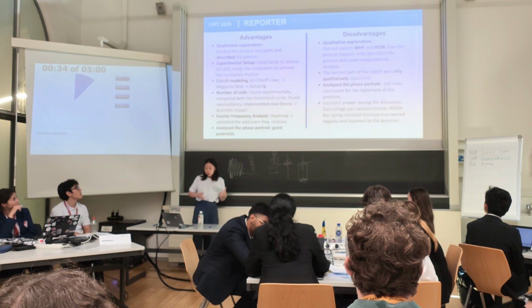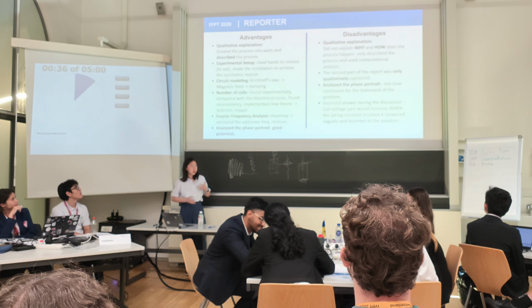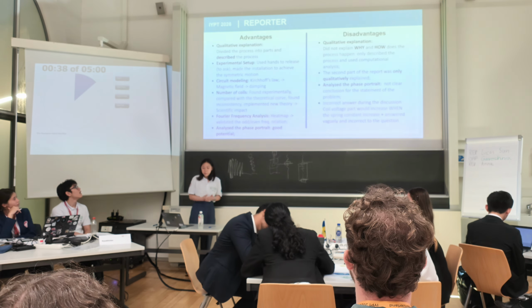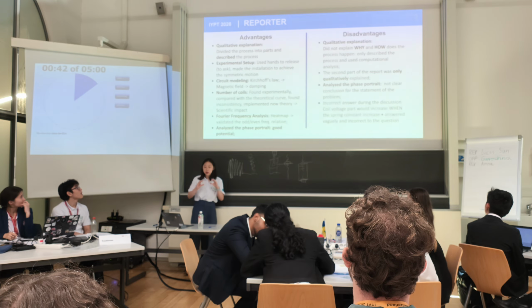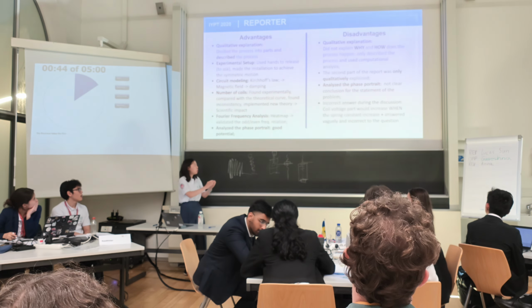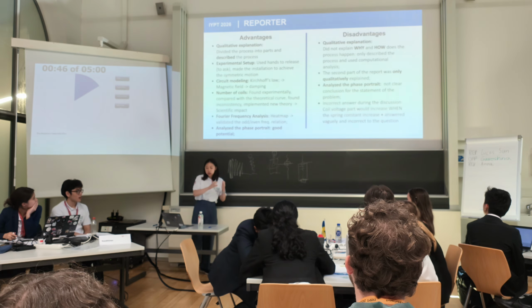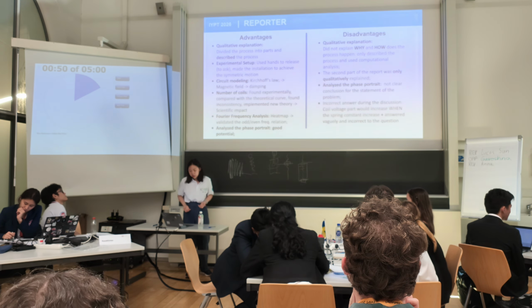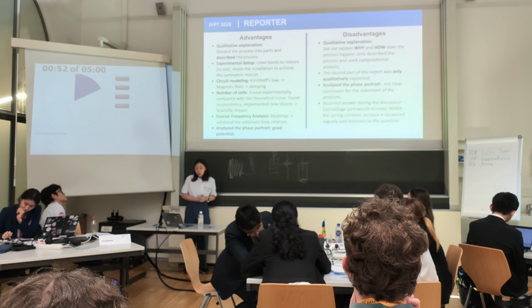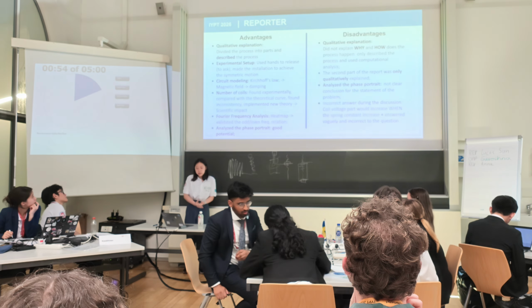For the circuit modeling, they first of all implemented Kirchhoff's law. Then they found the magnetic field for their specific magnet, which is actually really good because this formula is not really classical and shows a deep physical insight. For the number of coils, they found them experimentally.